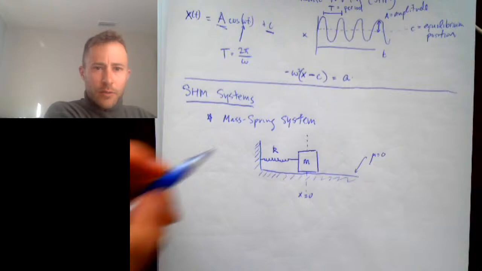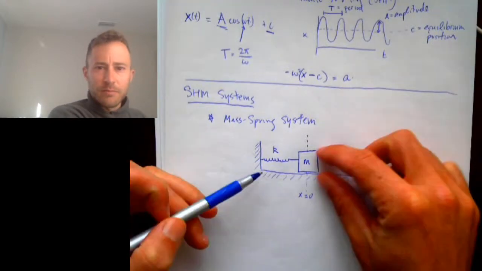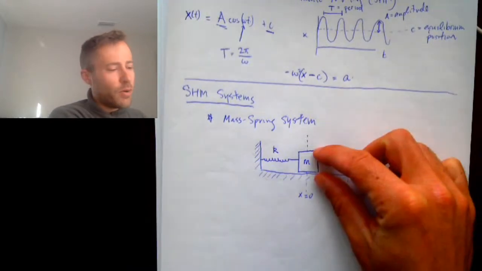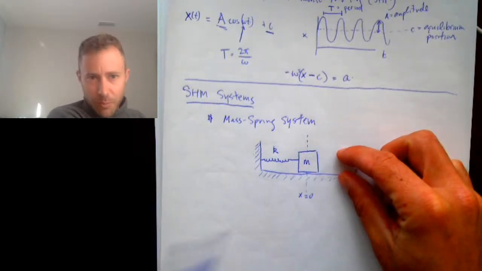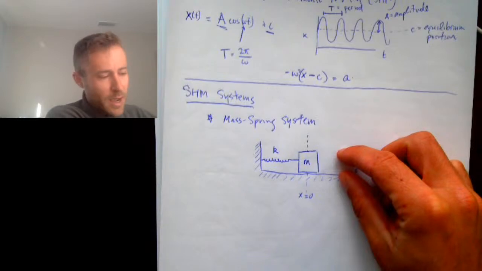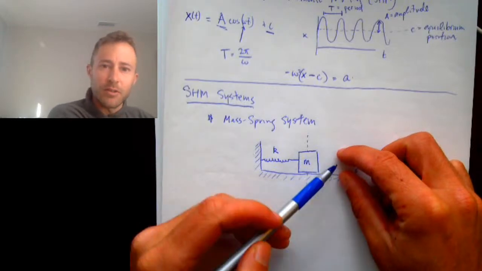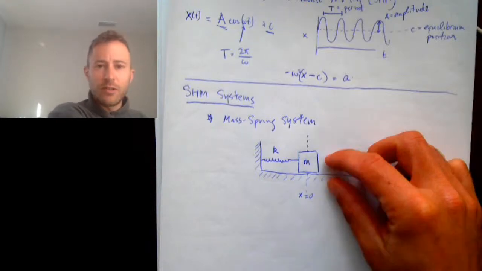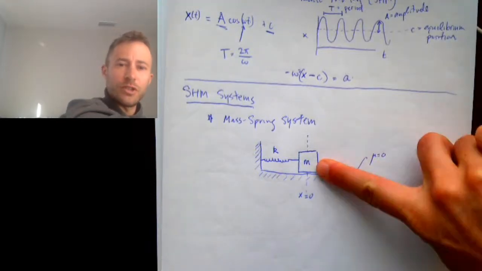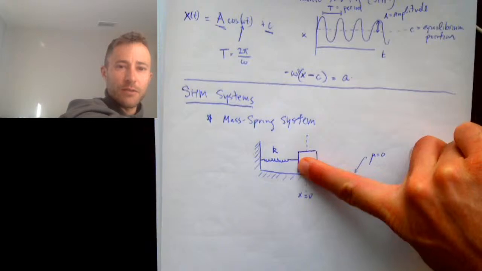So if you were to take this mass and pull it to the right, that's going to stretch the spring, and the spring is going to react by pulling back to the left, okay?